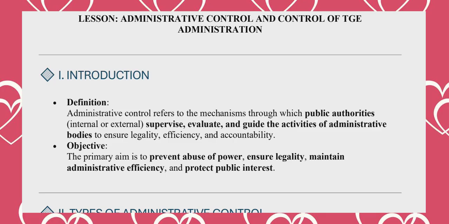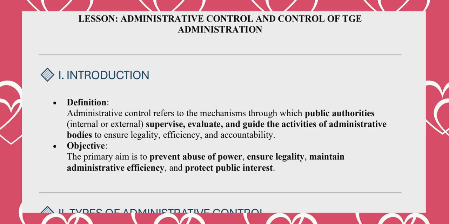And at the end of this, when administrative control is effective, the end result is the principle of legality. The institutions and administrators will not do anything contrary to the law when they are under control. The end result is what? Efficiency. The end result is what? Accountability and good governance.